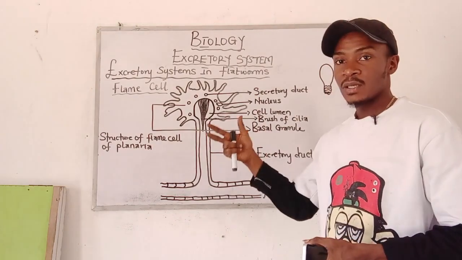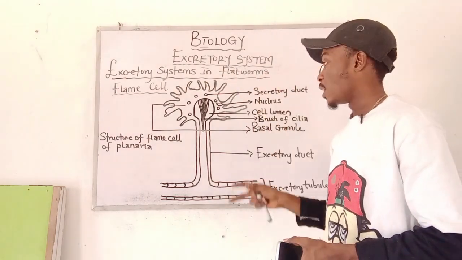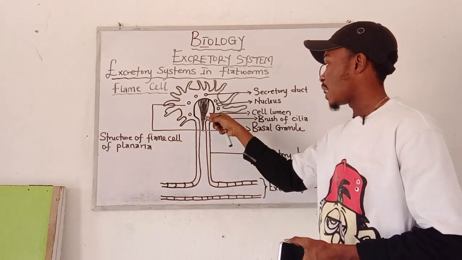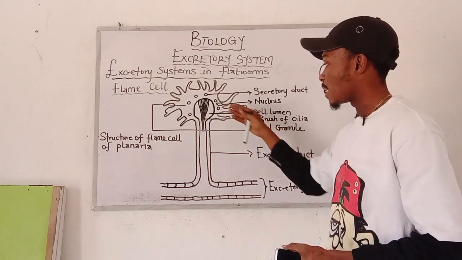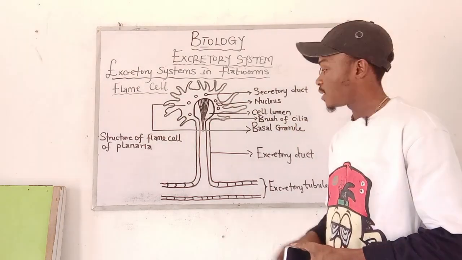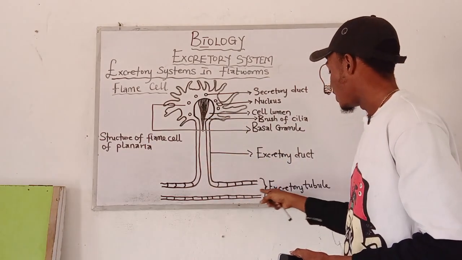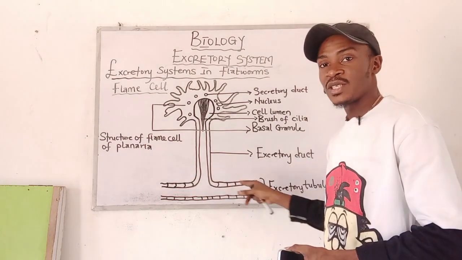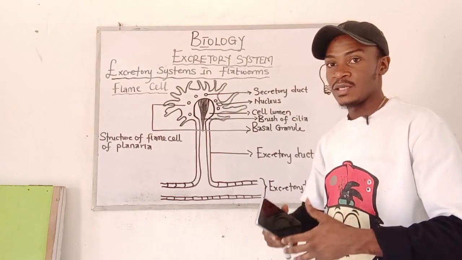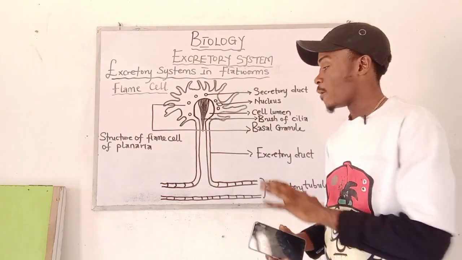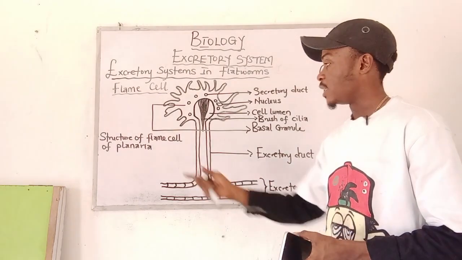When liquid waste containing carbon dioxide and ammonia diffuses into the cell lumen of the flame cell, the brush of cilia sweeps this liquid waste until it enters the excretory duct and then the excretory tubules. The excretory tubules then link up to the excretory pores at the dorsal surface of the organism until that waste is expelled out of the body of the flatworm, in this case planaria.